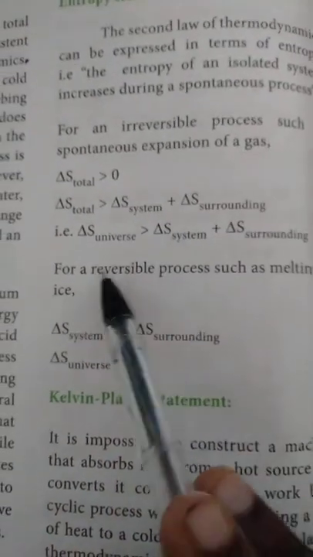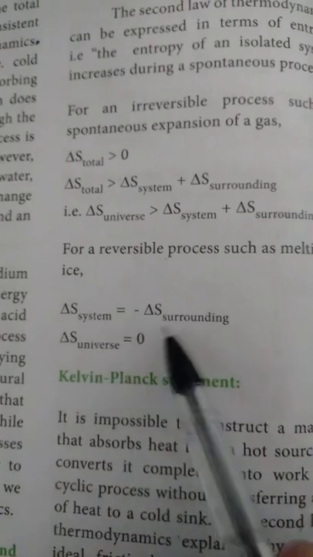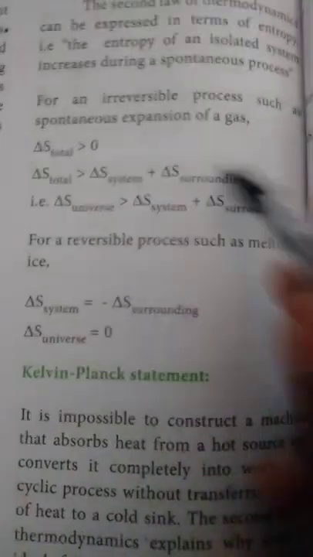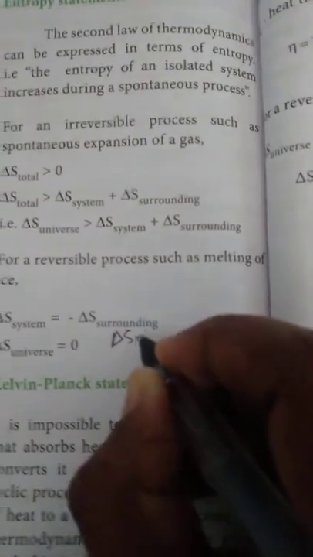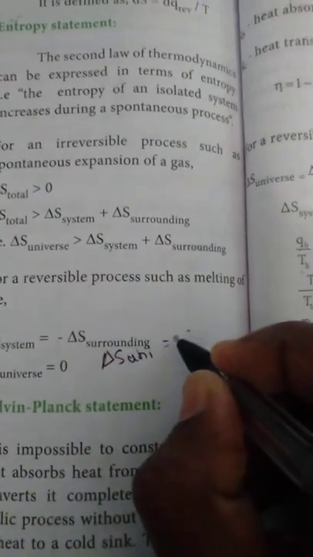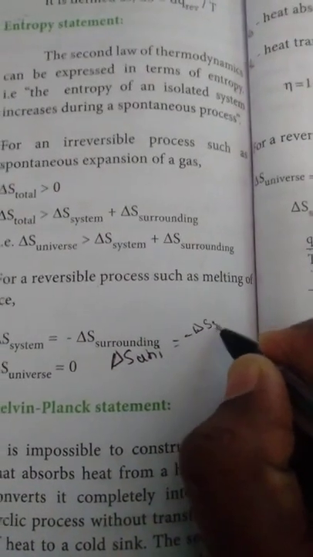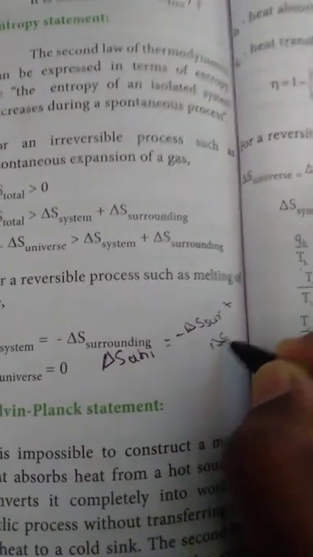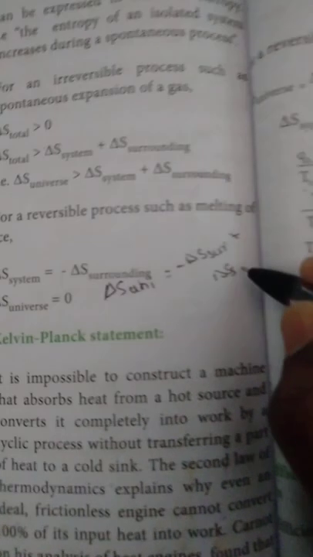For a reversible process, the system is equal to minus the surroundings. If you apply this, you will get the answer 0. Just substitute the value: delta S universe is equal to delta S system minus delta S surroundings plus delta S surroundings.